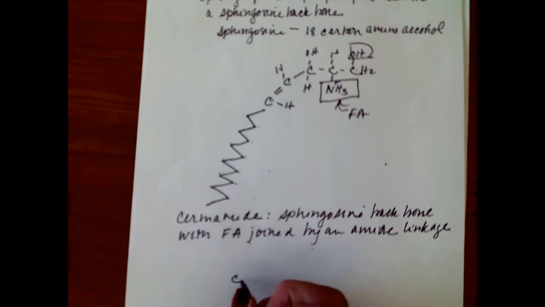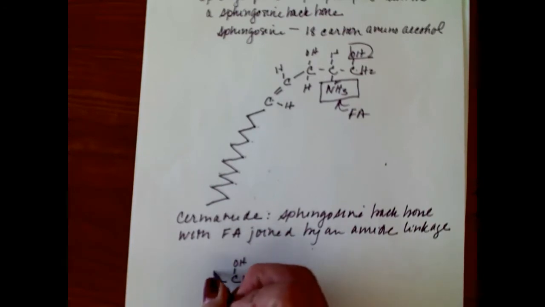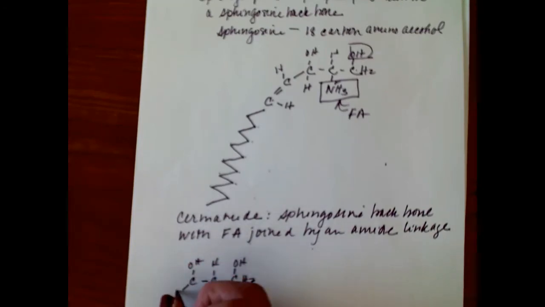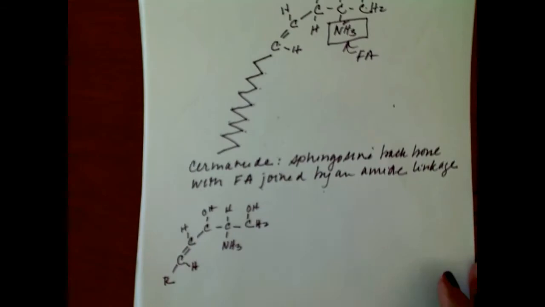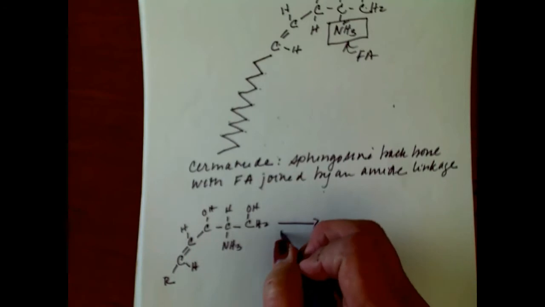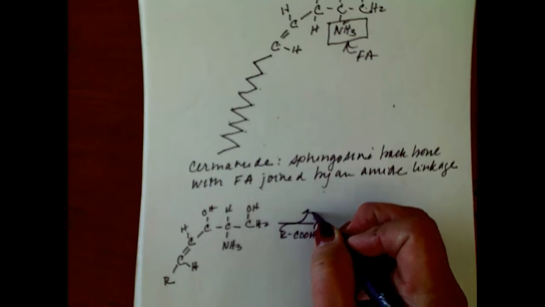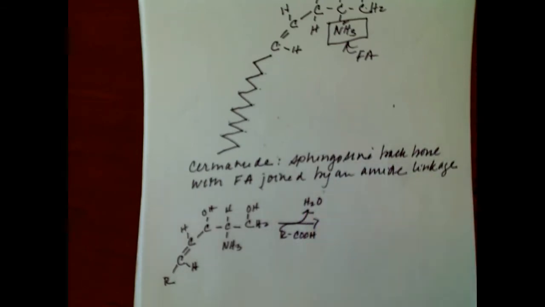Again, here's that business end of the sphingosine molecule. You should be able to draw a sphingosine, and you should understand, and I'm just going to put an R here for that alkyl chain. And we're just going to represent our fatty acid like this. Carboxyl group, of course, is the business end of that molecule.